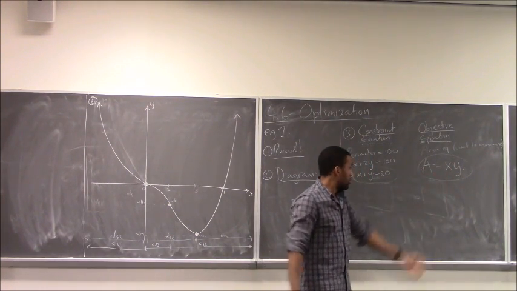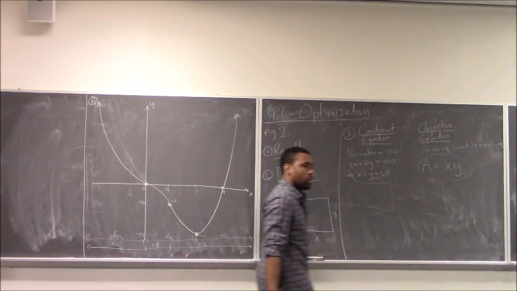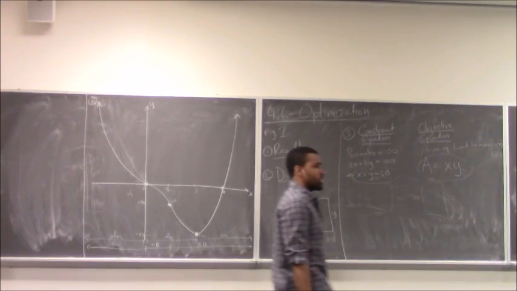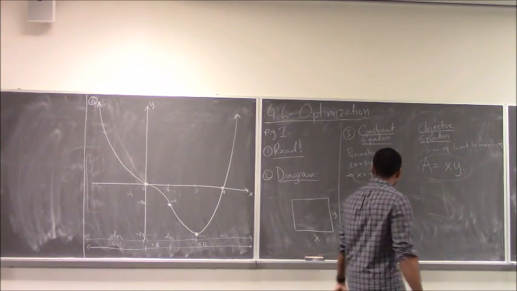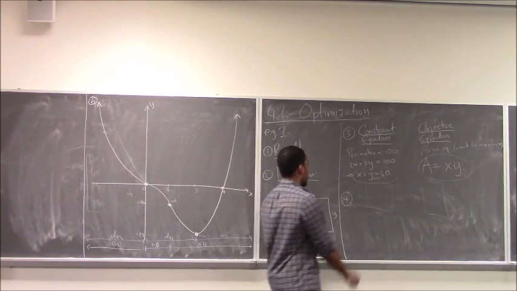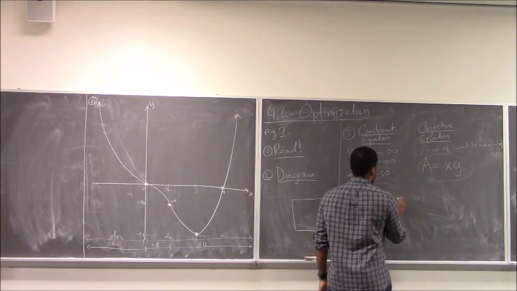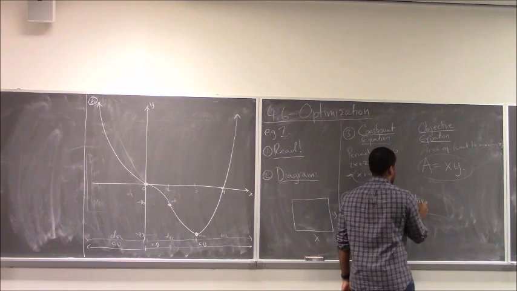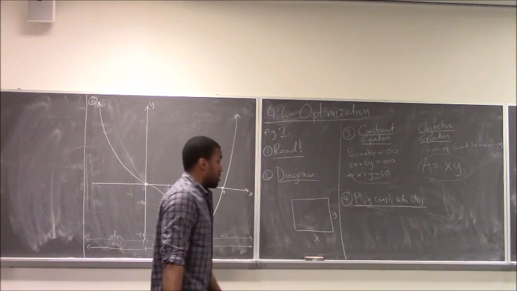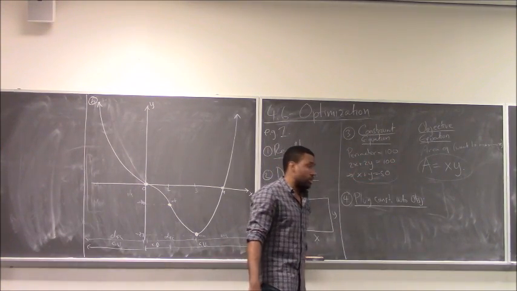A couple issues though. One, it has an x and a y in it. So I'm not sure exactly how to find the maximum of a function that has two variables in it. That brings us to step 4. This is to plug the constraint into the objective. Now what that involves is you just solving for one of the variables and plugging it into there.